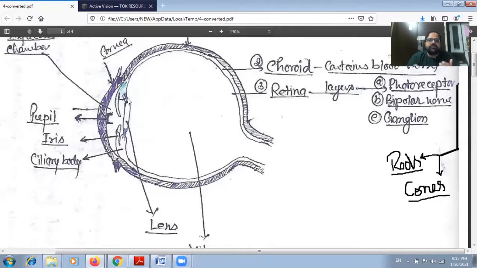When we see things which are nearby to your eye, and some things which are far apart from your eye, the curvature will be changed. So the changing of the curvature takes place by the ciliary body or ciliary ligament.